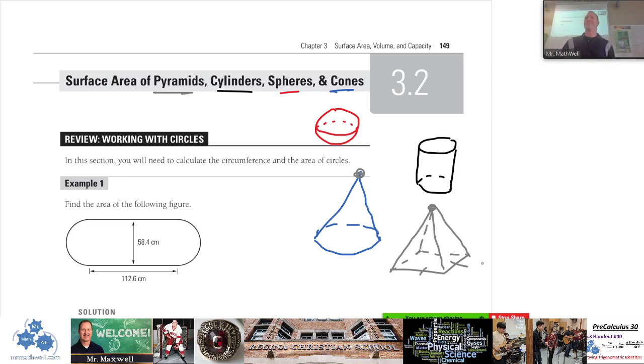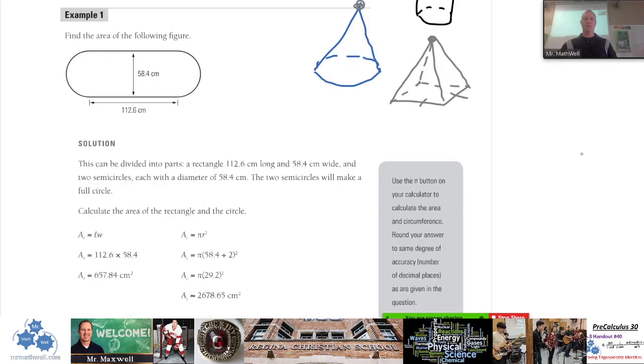Okay, so pyramids and cones are very much the same. The surface area is a little bit different in calculating that, which we'll go over in a second. But when we get to volume, calculating the volume for cones and pyramids is virtually identical. All right, a lot to cover yet, but we'll go through this as quick as we can.